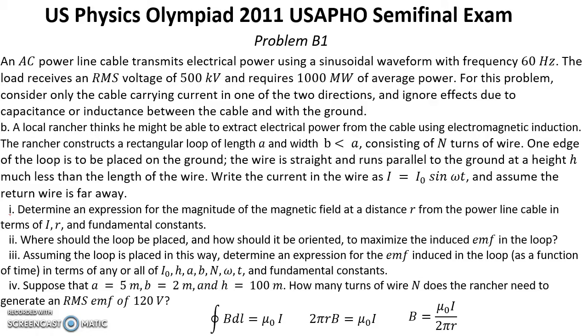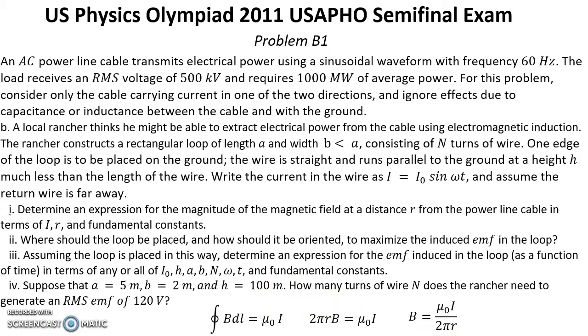A solution for this second question is obvious, because we have this expression for magnetic field, so the total EMF will be larger when we put this loop directly below this wire, and the longest side of this loop must be oriented in the same direction as the wire.